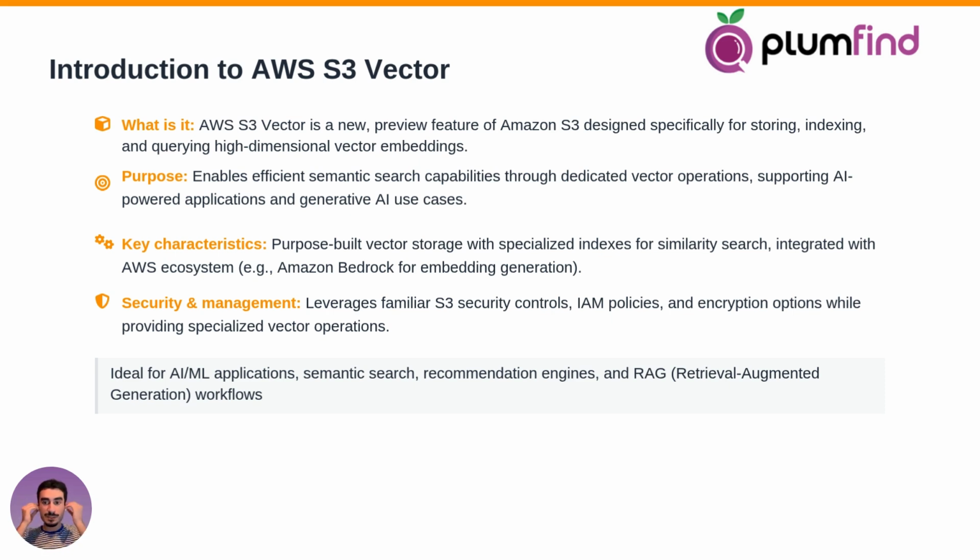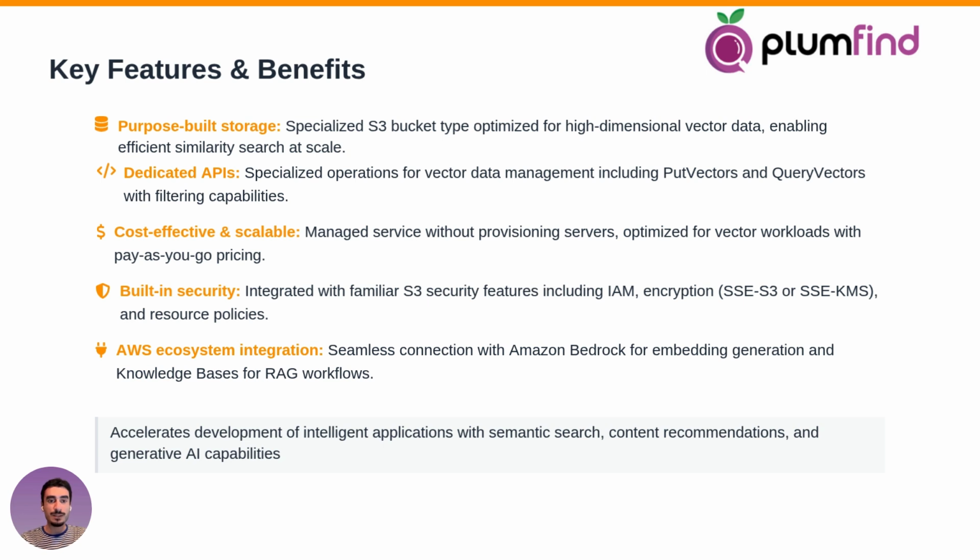It's designed specifically for storing, indexing, and querying high-dimensional vector data, perfect for AI applications like semantic search, recommendation engines, and RAG, Retrieval Augmented Generation workflows. As a managed service, it eliminates the complexity of managing vector infrastructure, and that's one of the key points here.